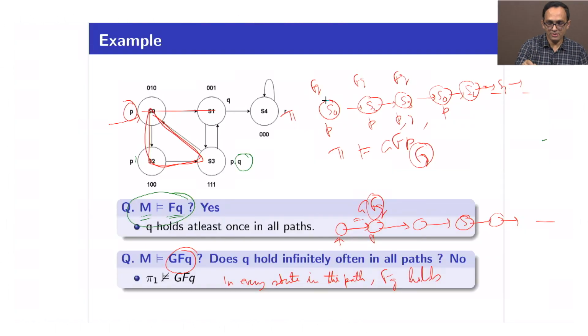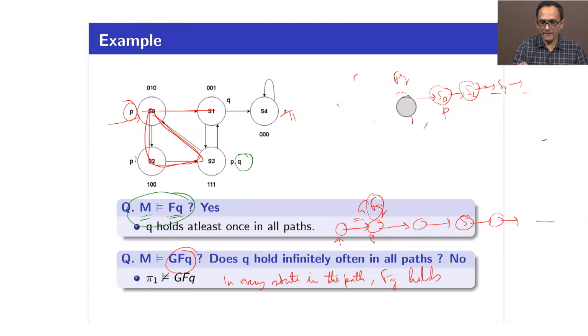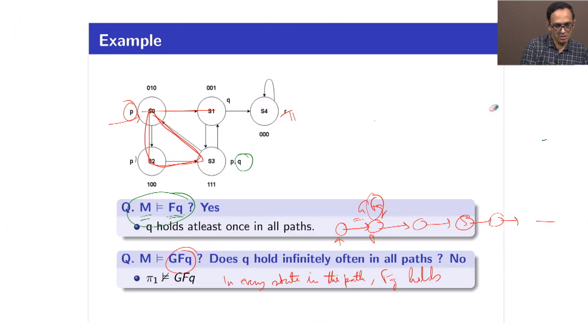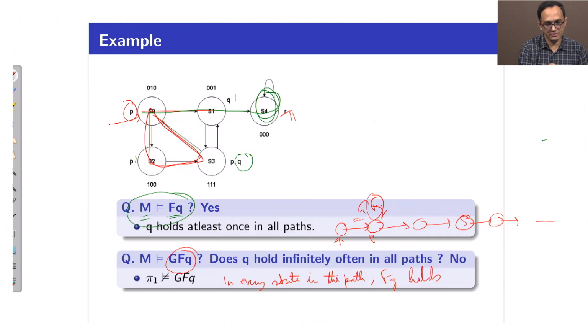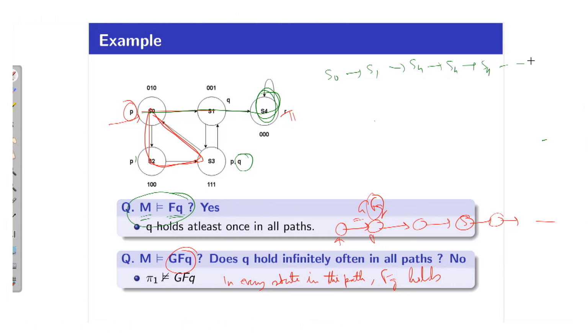Now, let me take another path. Let us say I take the path which starts from here and loops here. So, it is basically S0, S1, S4, S4, S4 and so on.